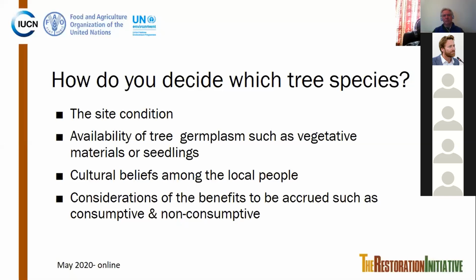Kenya is diverse with quite a number of different communities, and when we are introducing tree species within different regions, we have to address cultural beliefs so that the tree is not against their beliefs. Another aspect is consideration of the benefits to be accrued from the trees introduced in the restoration. This is basically on the consumptive and non-consumptive benefits.